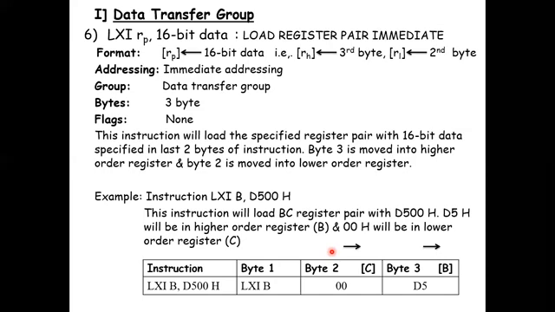It is an immediate addressing mode. Bytes will be 3 bytes, and flags: none. Flags means the affected flags, that is, after execution, if any flags are affected, it will be shown. Addressing mode is immediate addressing, group is data transfer group.